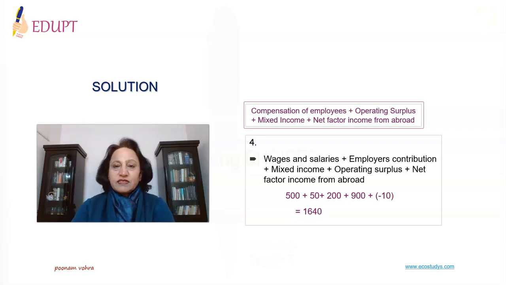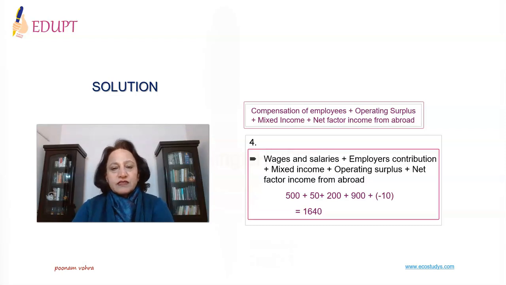So one finds wages and salaries, employer's contribution, operating surplus, mixed income, and net factor income earned from abroad out of the information as given. So substituting these values, one gets 500 plus 50 plus 200 plus 900 plus minus 10, that is 1640. That is national income.